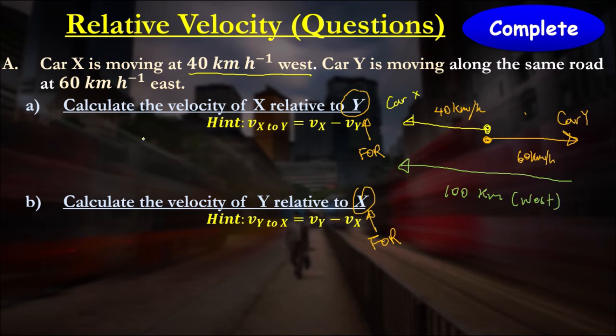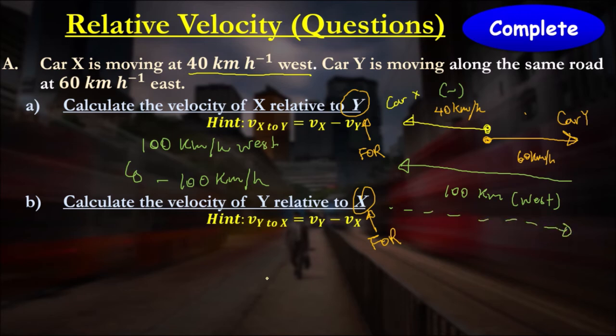So we can say that it is 100 kilometers per hour west, or I could alternatively say negative 100 kilometers per hour, because we're going to say this is the negative direction here. For our scenario down here, if we're looking at car X, then clearly it's gone in the other direction. It's still the same distance afterwards, so we can just say that it's 100 kilometers east, or I can say it's plus 100 kilometers per hour. So that would be the idea that we have there.